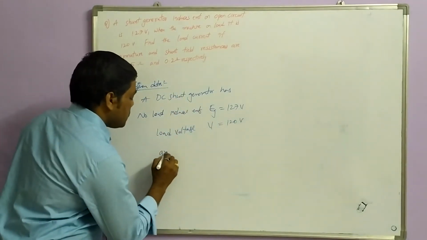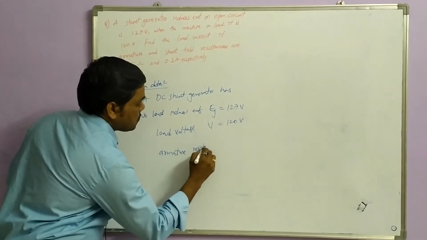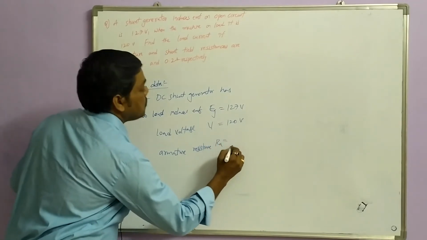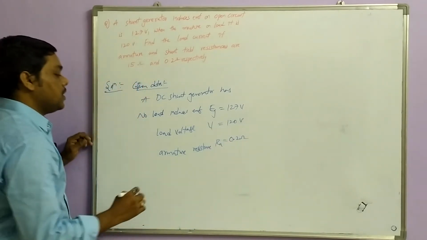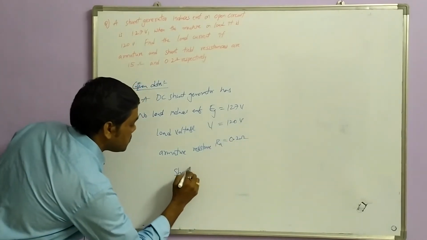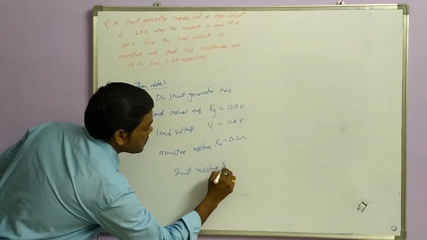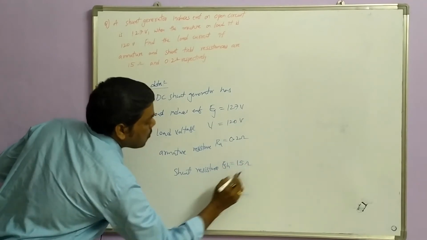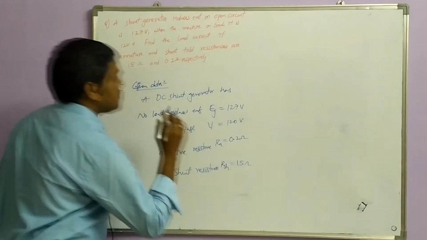And armature resistance RA is equal to 0.2 ohms, a small value, and shunt field winding resistance RSH is 15 ohms.